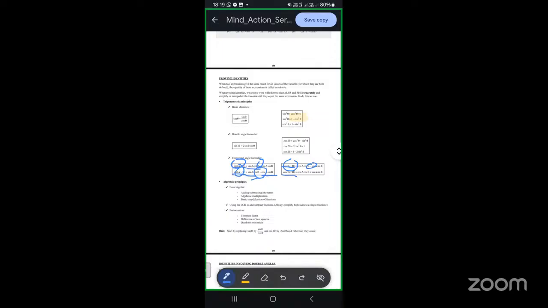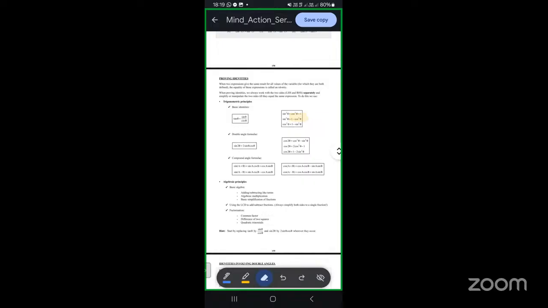If the sign was negative, I put the opposite. Only for the compound angle of cos do you put the opposite sign, but for sine, you put the sign as it was. Do you understand this one?